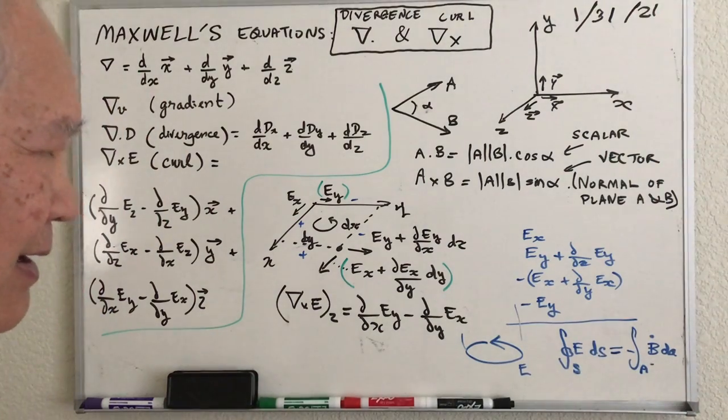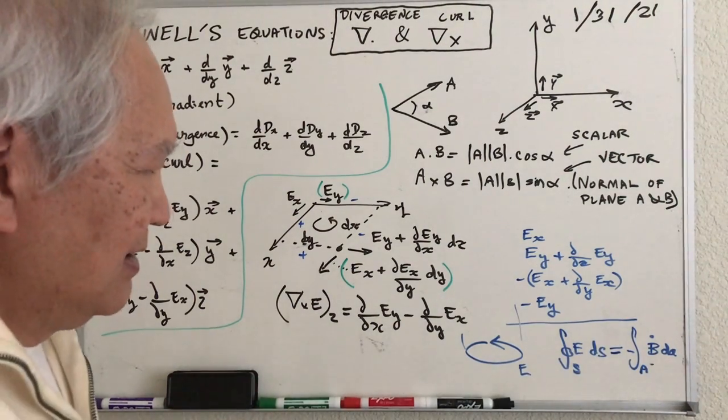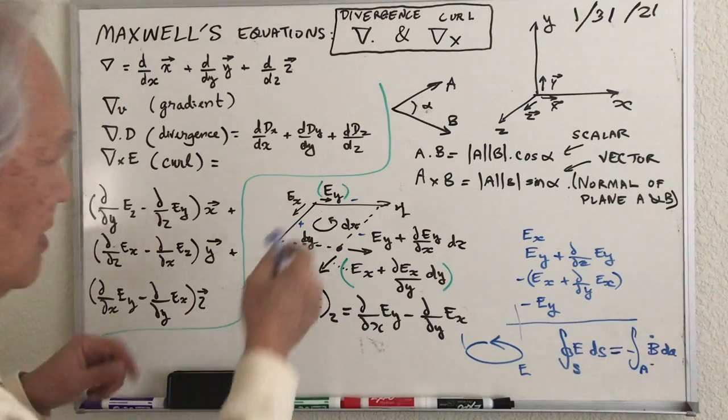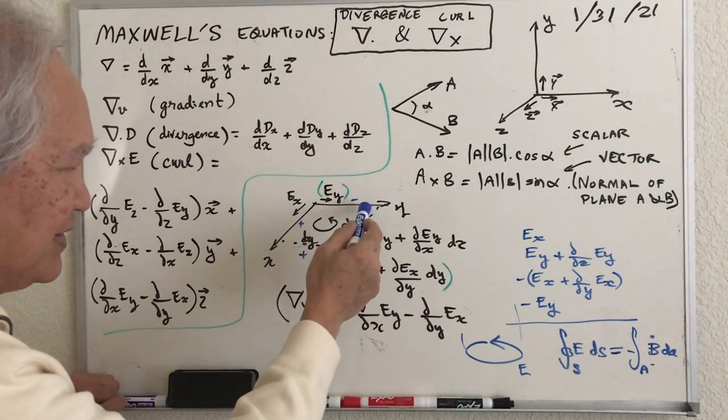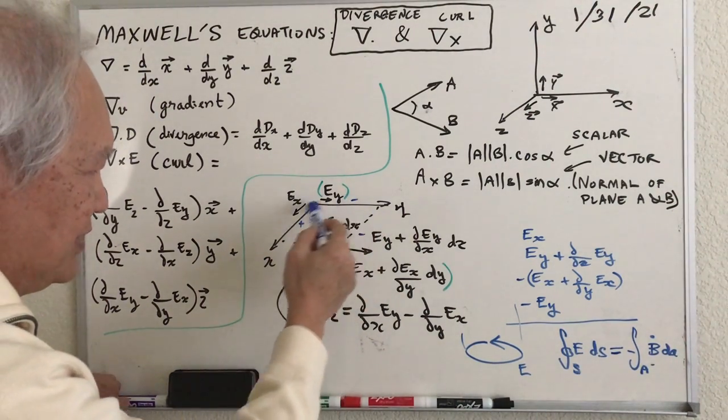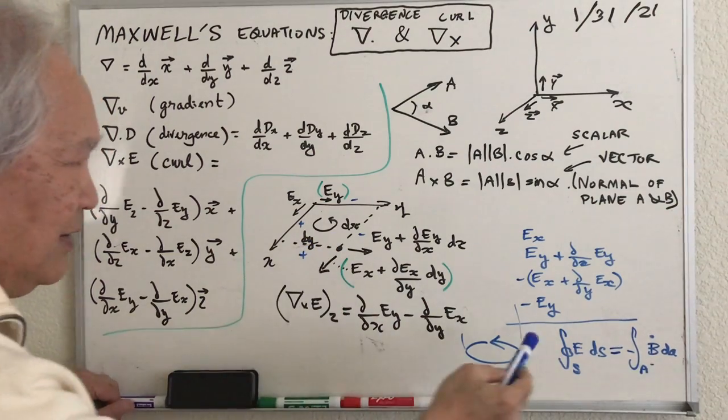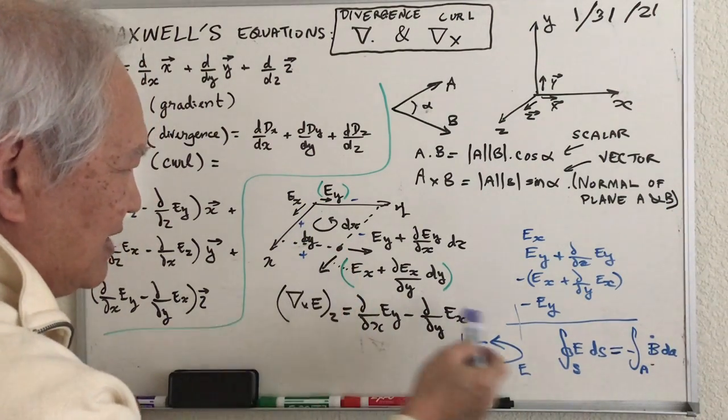Now, what it means here is, if you think about taking E around this minuscule ds, which is dx times dy, you end up with exactly the same calculation.